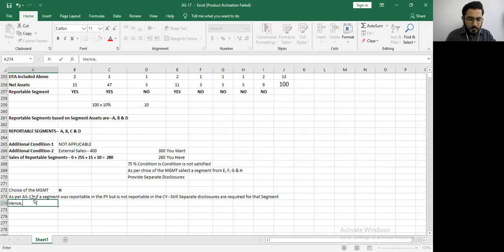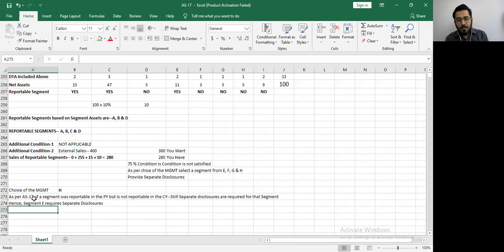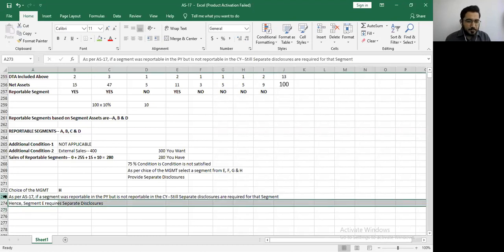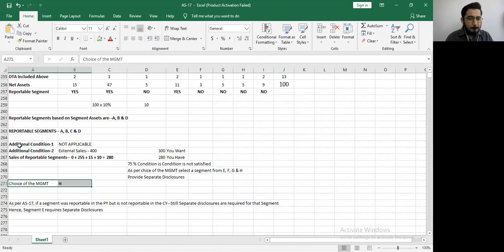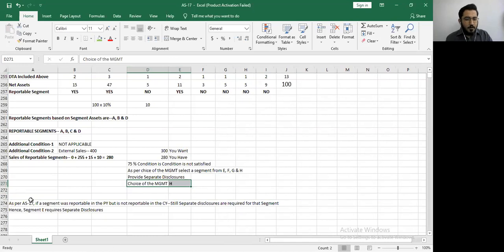Hence, segment E requires separate disclosures. Are you understanding? Segment E requires separate disclosures. We'll have to remember that as our final answer.